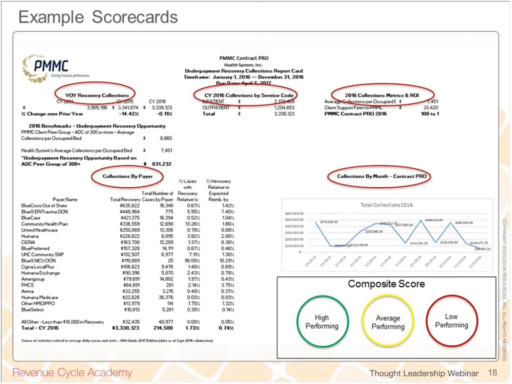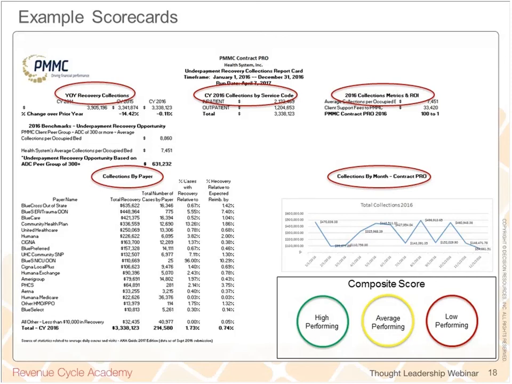There's not a right or wrong. Some organizations prefer to use red light, green light, yellow light. Some prefer graphs. Some prefer tables. At the end of the day, you need to make sure that the scorecard is giving you the relevant information that you and your team need to make well-informed decisions.